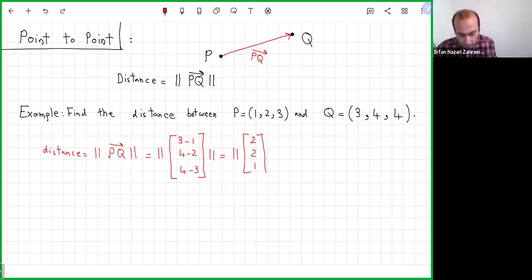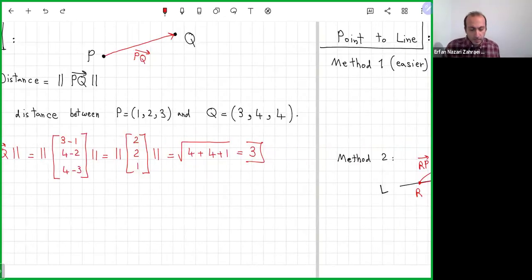Then the length of this vector is root of 2 squared plus 2 squared plus 1 squared, which is root 9, which is 3. So that's the distance between these 2 points in this scenario R3. But if these 2 points were in Rn, you would use the same method to compute the distance.